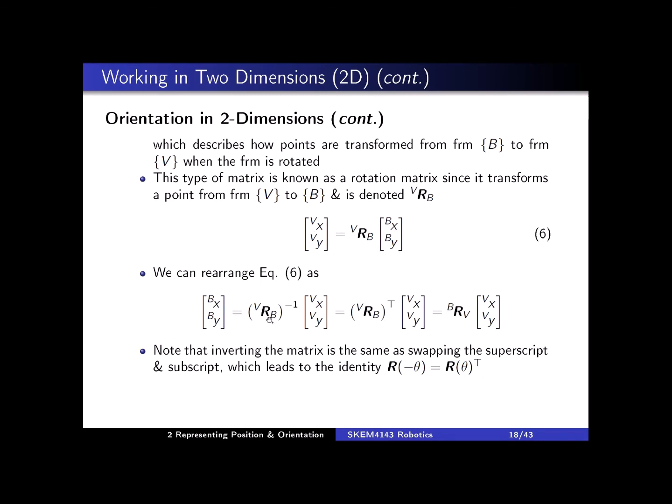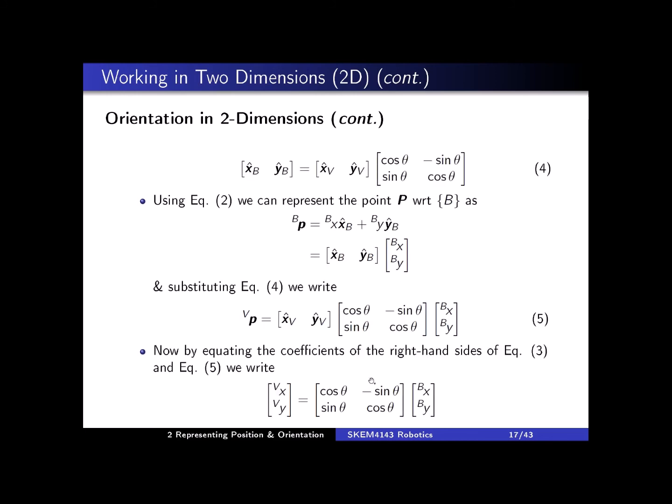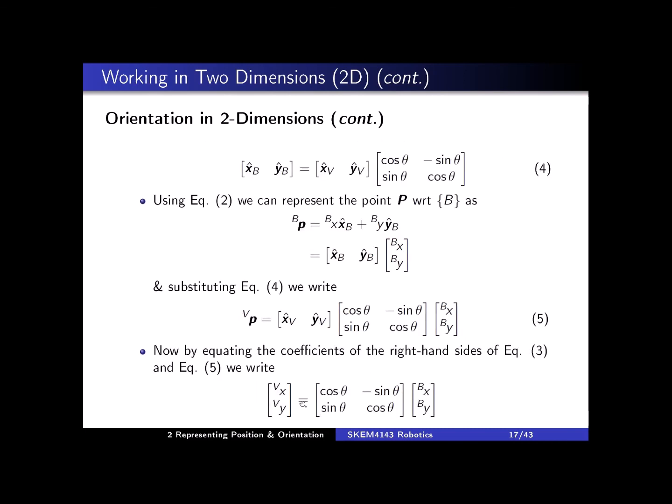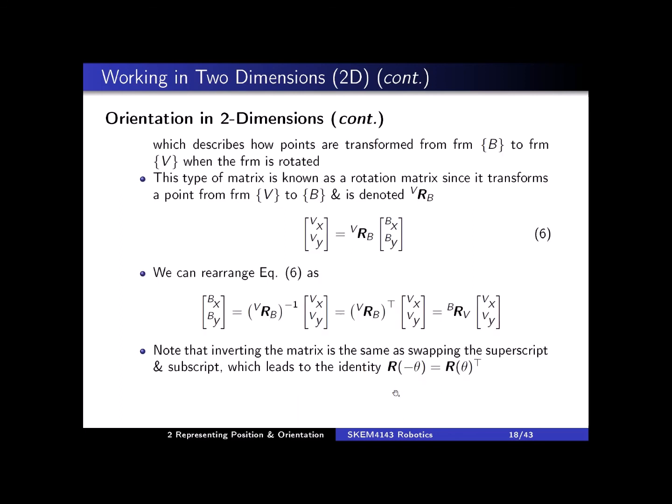Now this is equivalent to the inverse of the rotation matrix. And the rotation matrix is a special matrix because if you compute the inverse of this, it is really the transpose of the matrix. That makes things a bit easier. Transpose means column becomes row and row becomes column, right? And the transpose or the inverse is really swapping the superscript and the subscript. So this really becomes RVB.